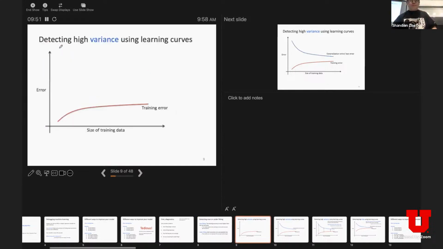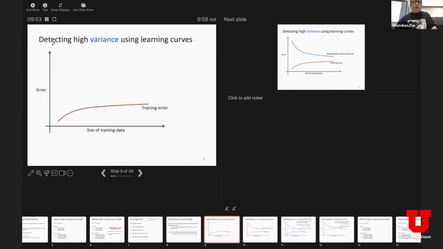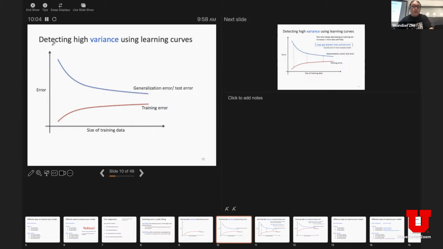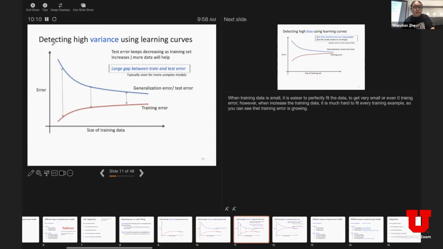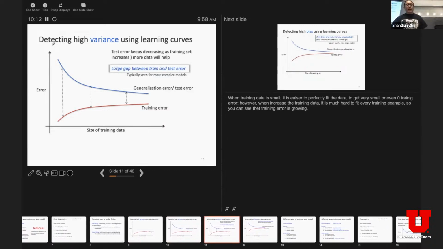Now if we look at the learning curves, meaning that as you increase the size of training data, we look at the gap between the test error and the training error, we can conclude whether you're overfitting or underfitting. For the overfitting issue, you'll see that there's a big gap between the training and test error.